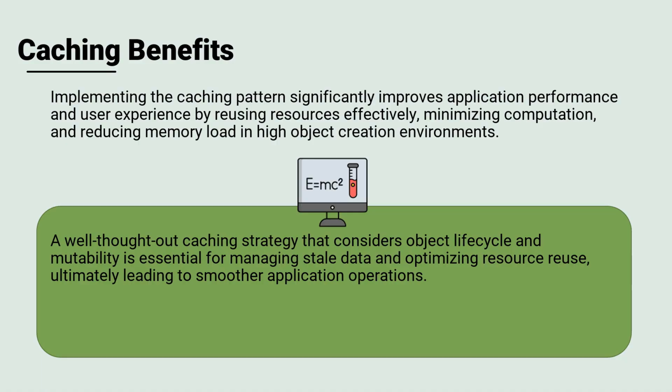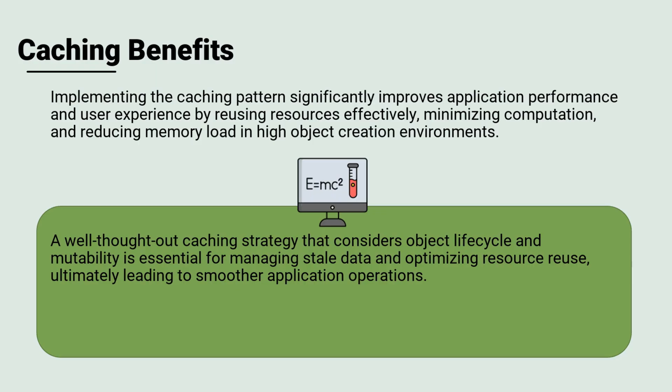The core takeaway from implementing the caching pattern is that optimizing resource reuse leads to better performance and a smoother user experience. This pattern is hugely advantageous in environments with a high object creation rate, as it minimizes both computation and memory load. As we've discussed, correctly implementing this pattern involves understanding your application's architecture and identifying objects that can benefit from caching.